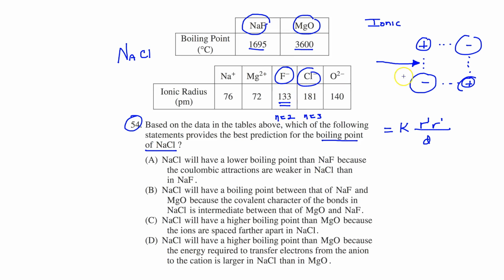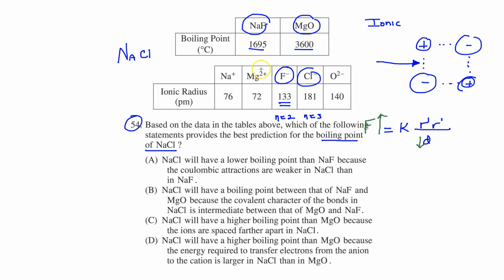So being smaller means what? That means the distance between these ions in the crystal is going to be smaller for fluorine. Therefore, if the denominator gets smaller, then the force of attraction, this is F, the Coulombic force, is greater, and therefore it'll be harder to pull these apart.